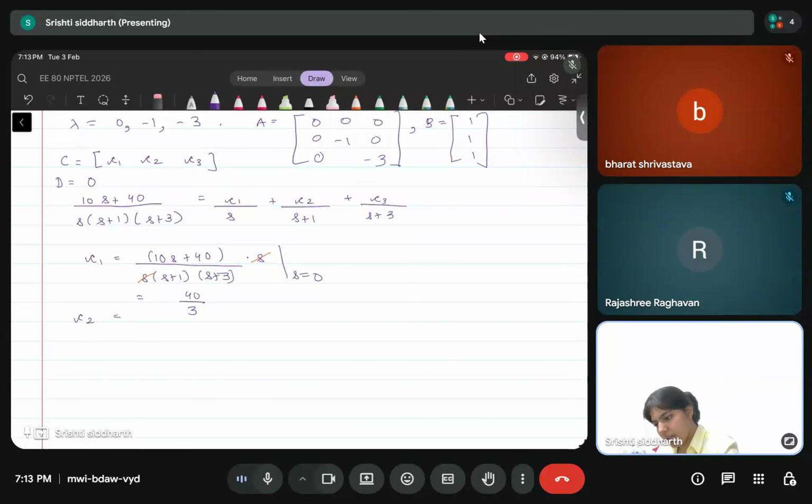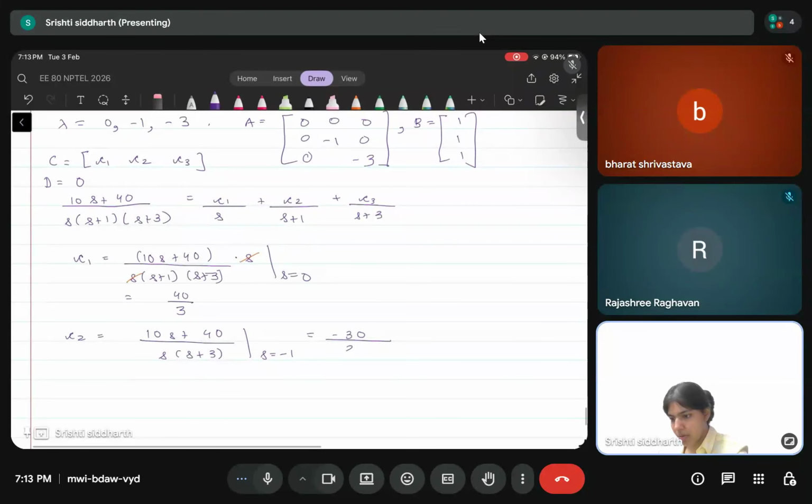This is 10s plus 40 over S plus 3 evaluated at -1. This is minus 10 plus 40, then -1 times 2.